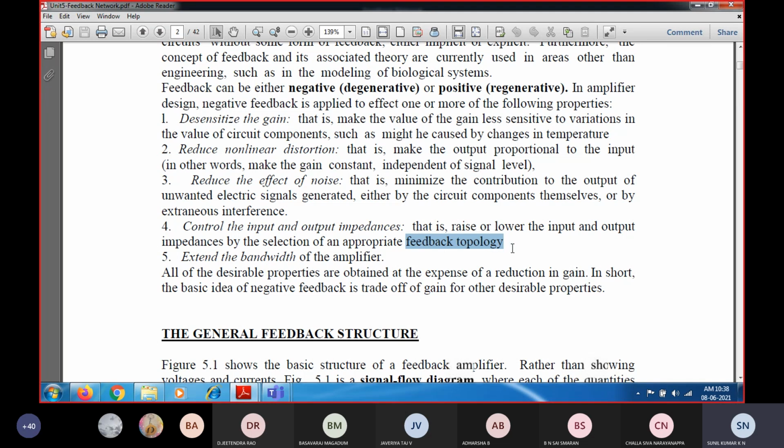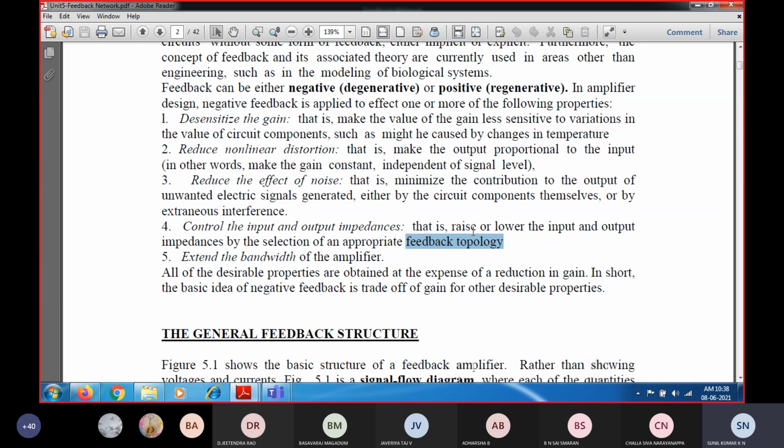So four feedback topologies we are going to learn. Based upon the feedback topology, the network is connected across the input side or output side, in series or parallel fashion.